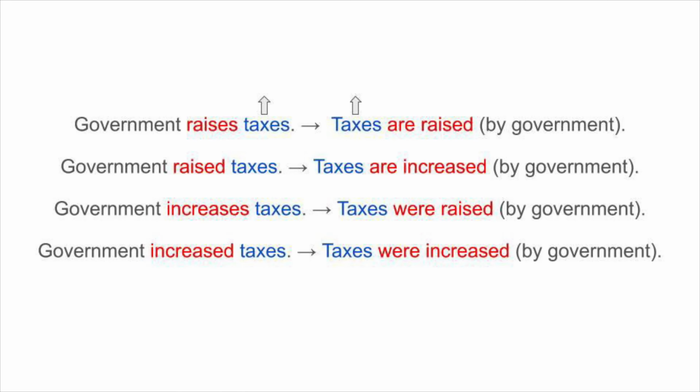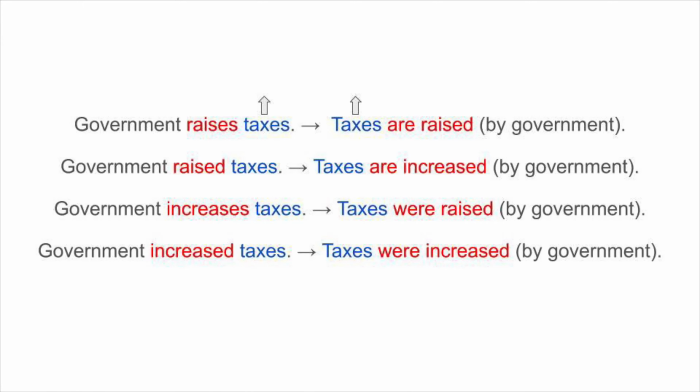Now in that case, because we have a subject and an object, we can flip that and use that in passive voice and say taxes are raised or were raised for past tense. Taxes were raised by the government, or taxes are increased or were increased by the government, okay?